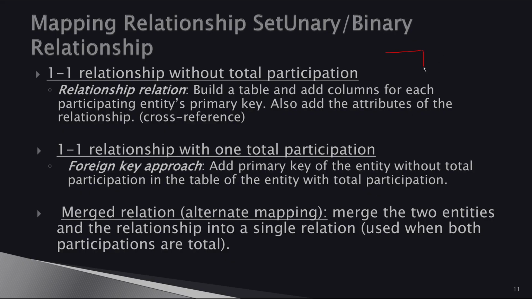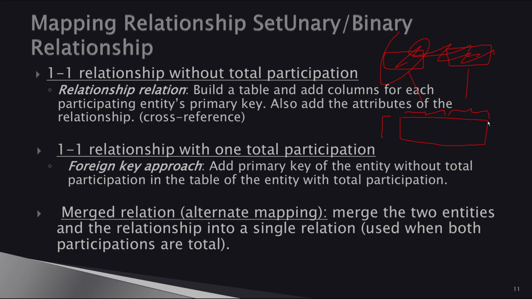Okay, so rather than having a table for entity 1 and a table for entity 2, you're just going to have one big table, because this is one-to-one with total participation.